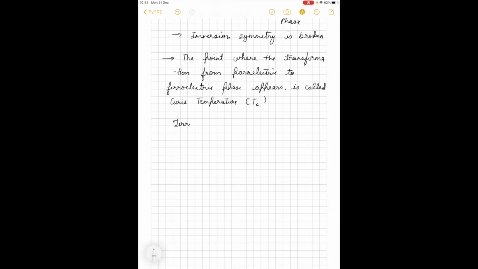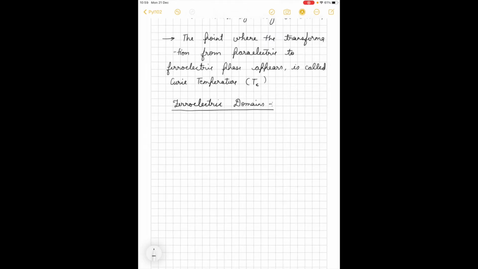Now we'll go to the ferroelectric domains. The region of a ferroelectric material in which a polarization is along a given direction, okay, that is known as a ferroelectric domain or Weiss domain. So I'll just write it down.